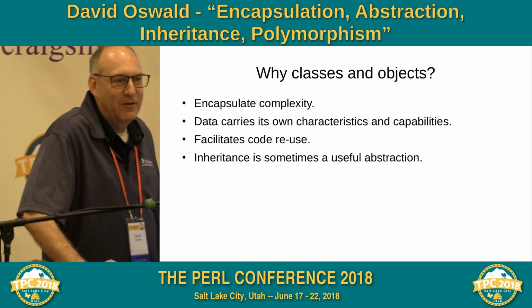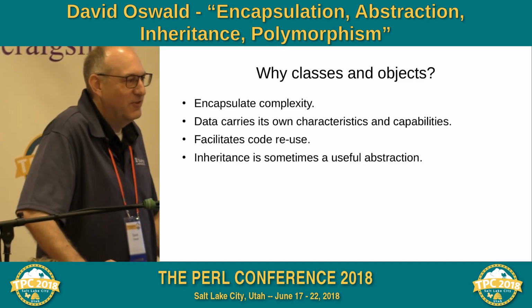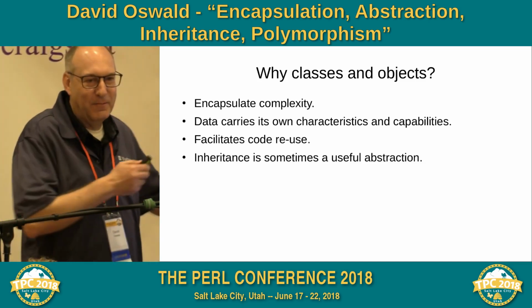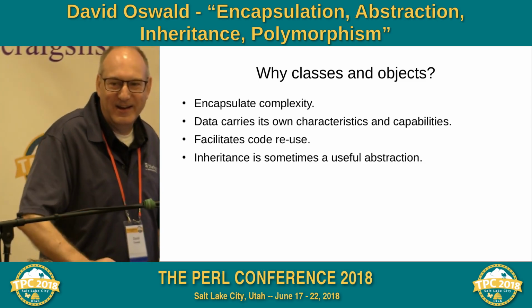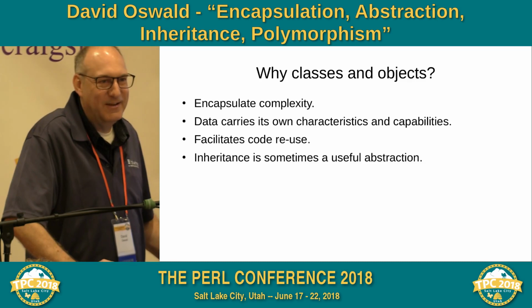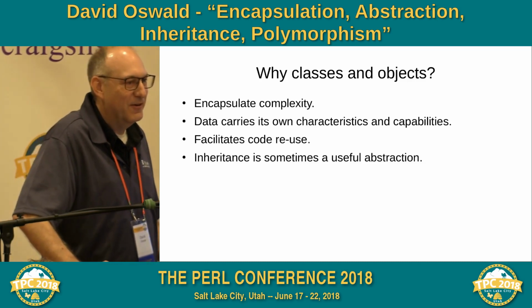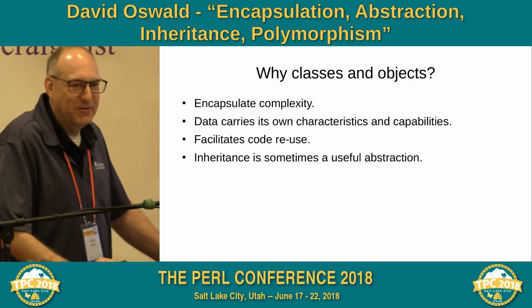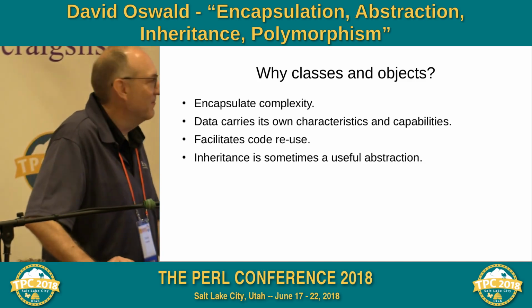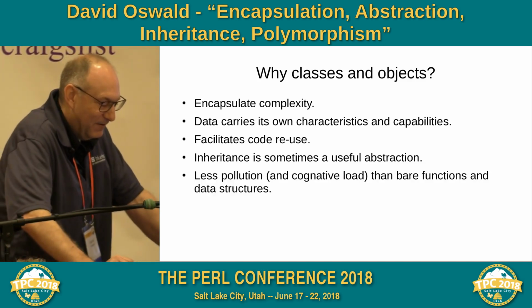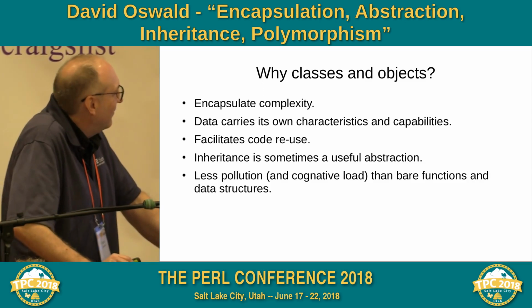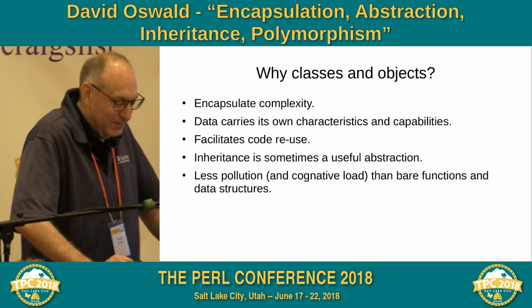In the C world, before we really were thinking in terms of objects, you'd have all this data and all these methods and functions and subroutines that could be called on our data, and it was always a big mess trying to keep track of everything unless you were clever and started passing around handles or pointers to represent objects. So we want to have less pollution, less cognitive load.